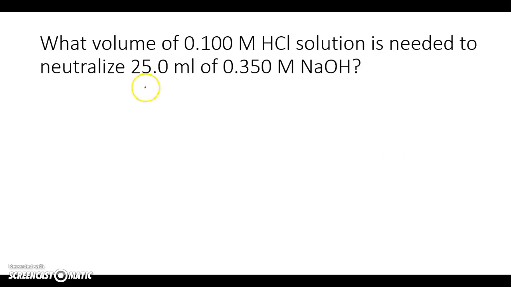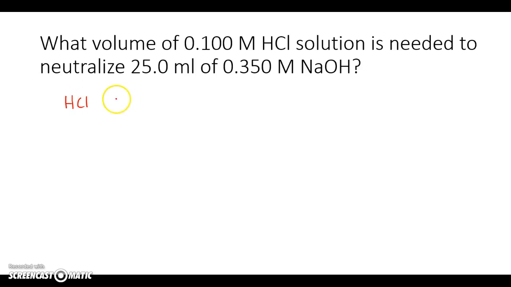So for the next one, we see that it's an acid-base titration, and we want to neutralize it. So I'm told that I want to find the volume of 0.100 molar HCl, and I'm given 25 mL of 0.35 molar NaOH. So we start, as always, with writing the chemical equation.